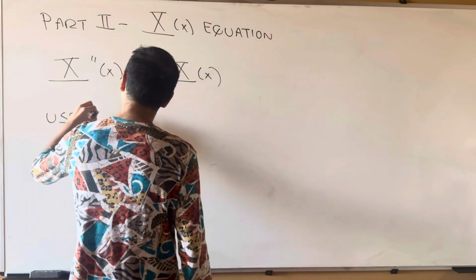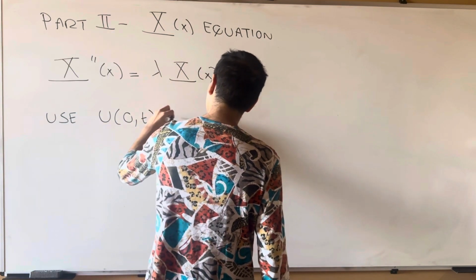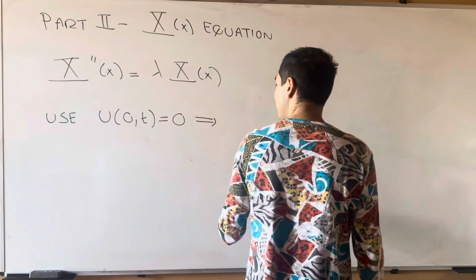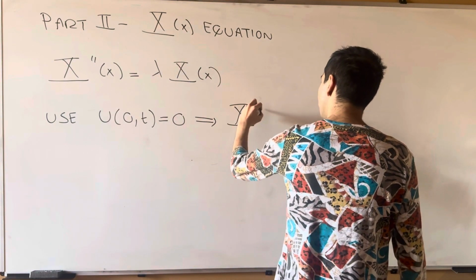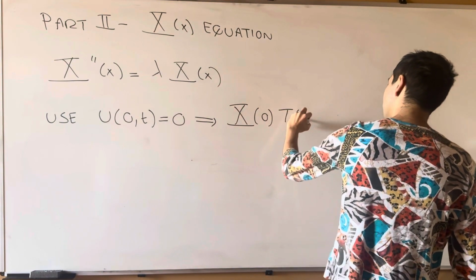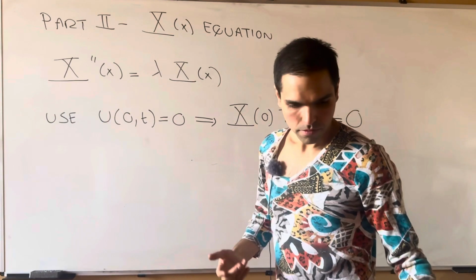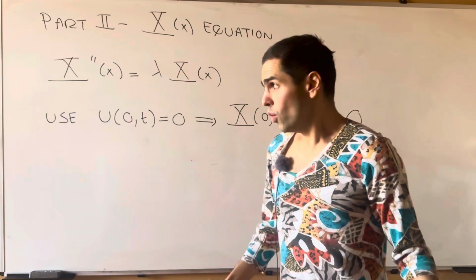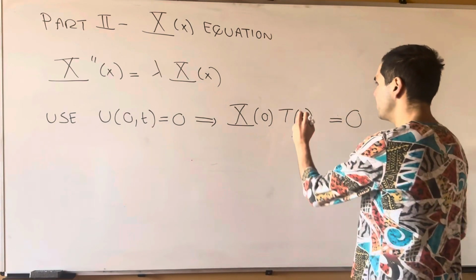So now let's use u of 0, t is 0. But remember, u is x times t. So this gives you x of 0 times t of t, which is 0. And now, in order to get a nice condition for x, we want to cancel out t.